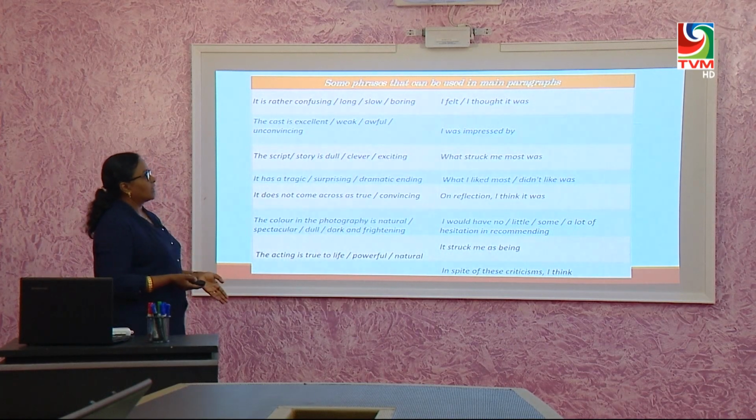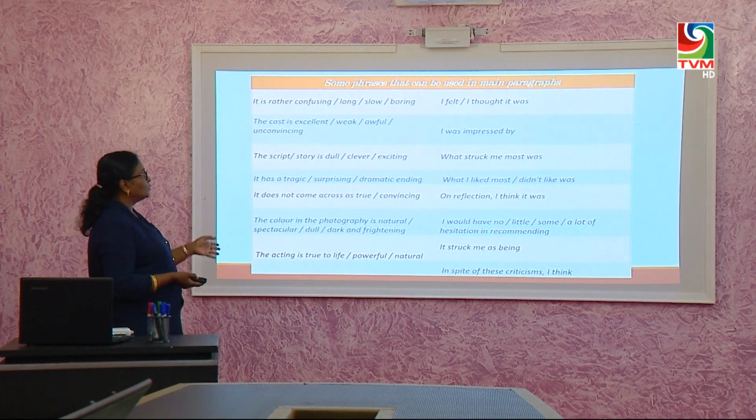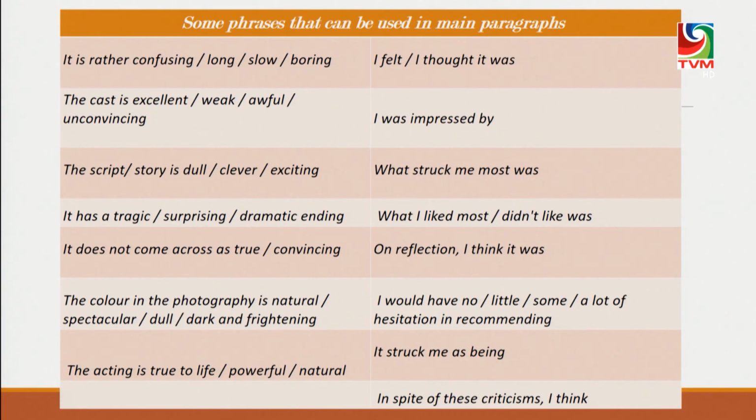And this is the vocabulary we are giving you, because the way you express is very important. It is rather confusing, or it is long, or it is slow, boring. When you are writing the third paragraph, you can use all these phrases.